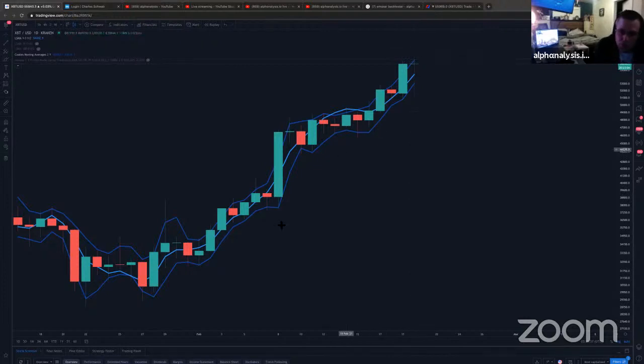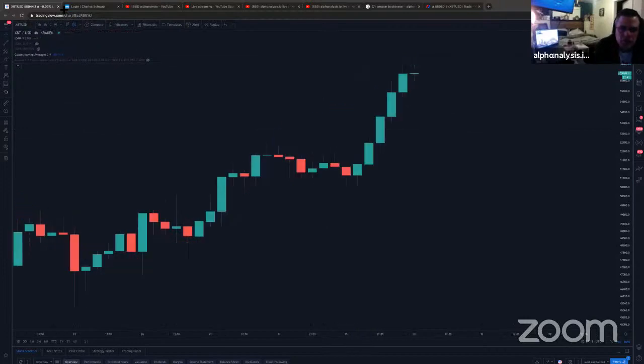I wouldn't be surprised, like here, sometimes you just get barely any look down before moving up, and then other times you just go straight through everything. So of course anything can happen, and I am still targeting the 58.5 as I have been since we kind of see here.